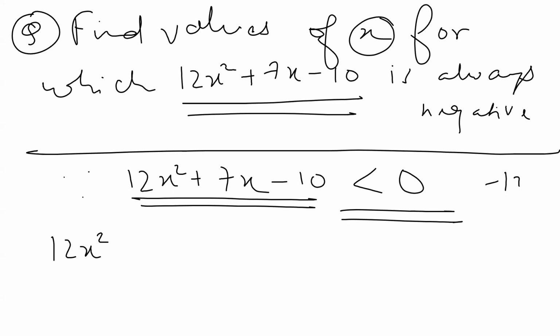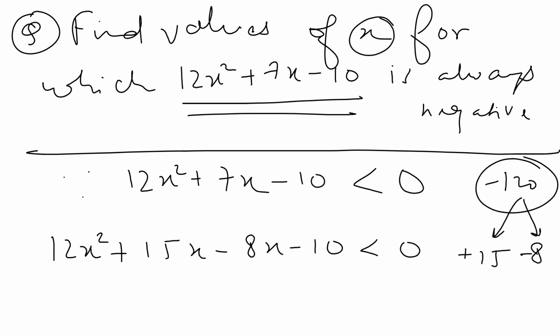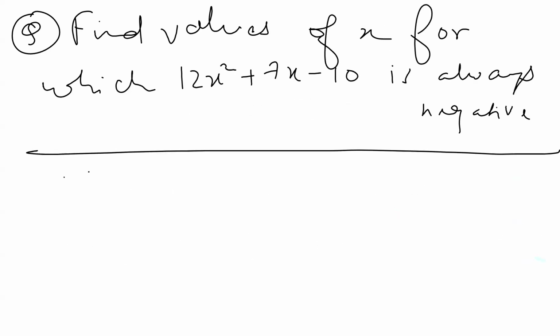This is minus 120, okay? 12 into minus 10 is minus 120. 15 and 8, plus and minus, because there is plus over here, so greater number gets plus. 15x minus 8x minus 10 less than 0. Simple factorization.